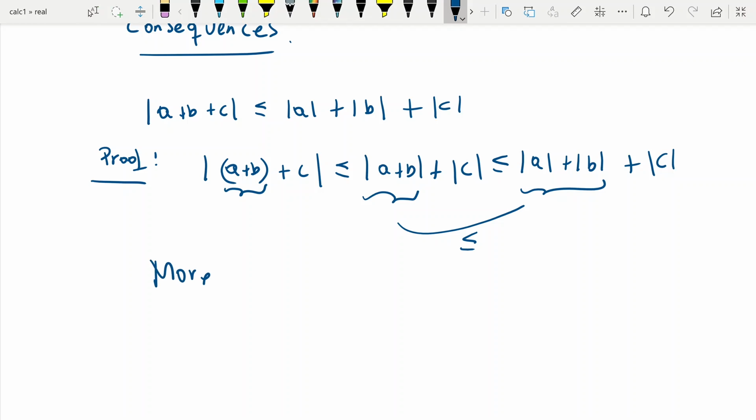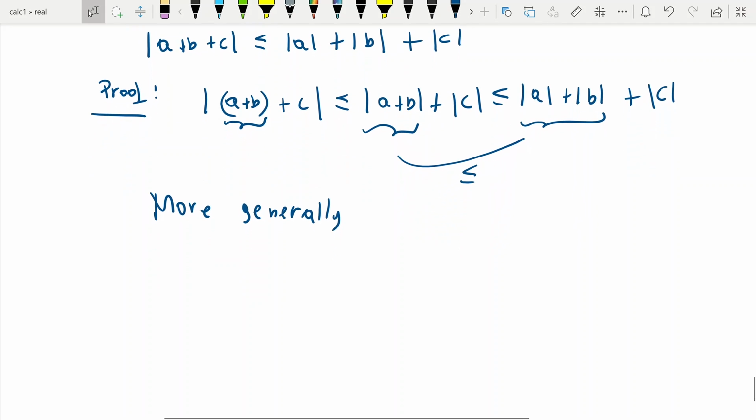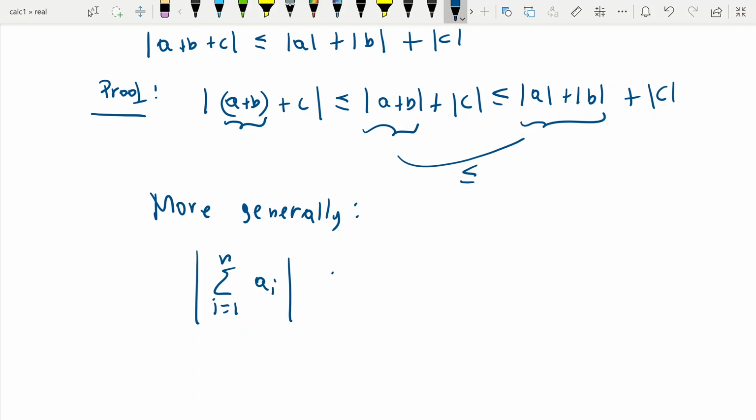In fact, more generally, if we have n numbers, so if we have the sum from i equals 1 to n of the numbers a sub i, and we take the absolute value, that will be less than or equal to the sum of the absolute values.